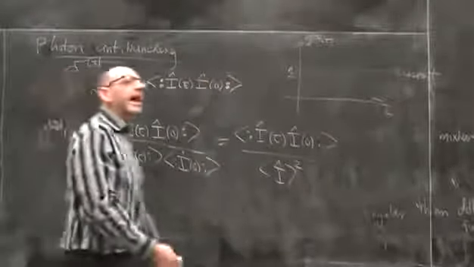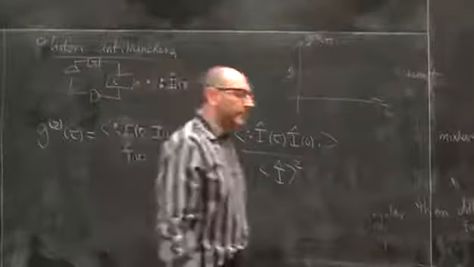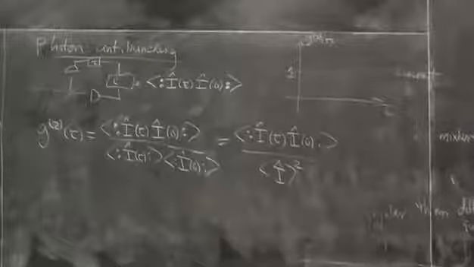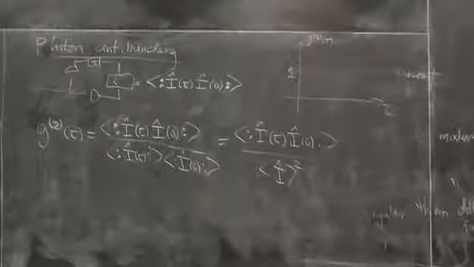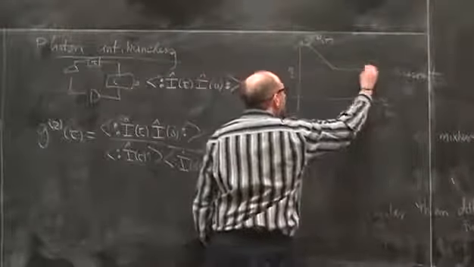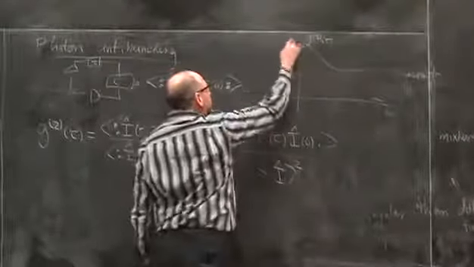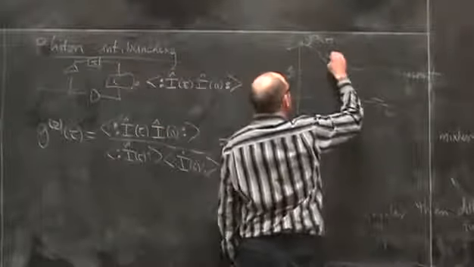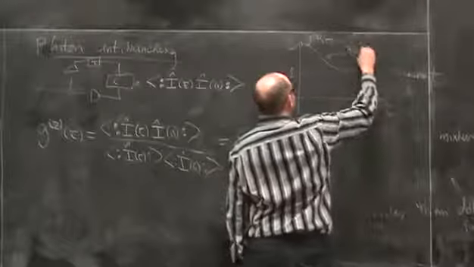But if I have something which has classical statistical noise over some correlation time, as we discussed, then what you will find is that we see this goes up to 2. And this is what's known as photon bunching.